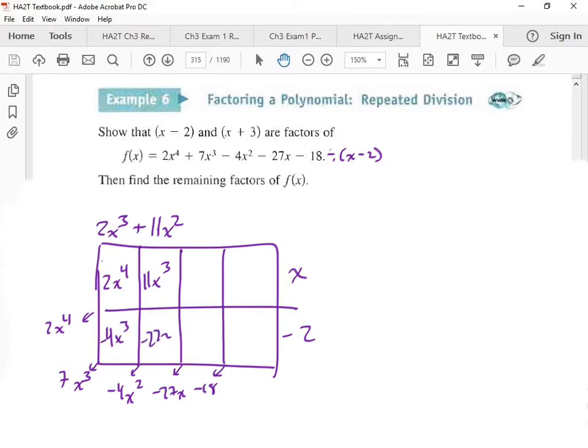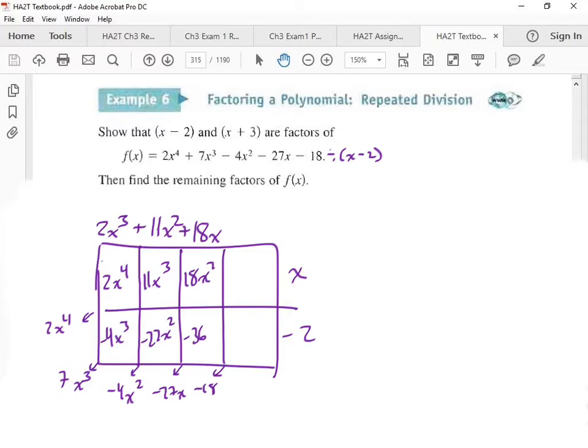Negative 22x squared. Ooh, now this guy times that guy, plus that guy gives me that guy. So what number am I missing there? 18x squared. Notice the terms have to be the same. They both have to be x squareds. What times x gives me 18x squared? Positive 18x.